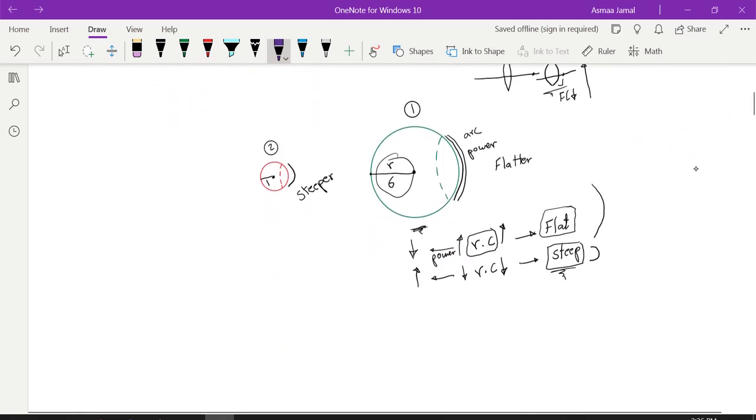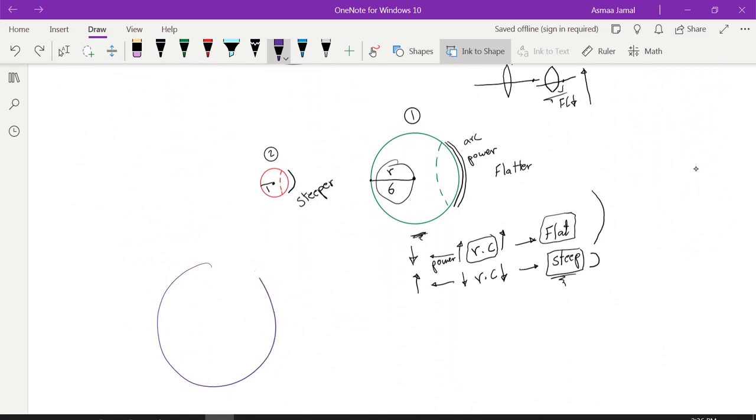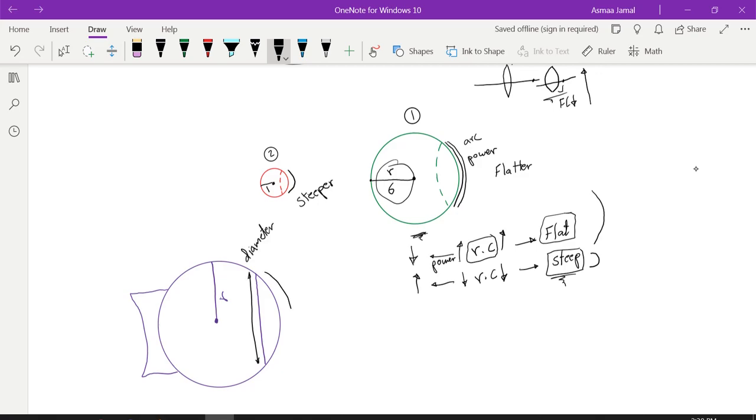Back to our circle here. Let's draw a new one. Here is our convex lens. From here we can take the concave lens. So this one is the radius of curvature, and this one here is the lens diameter, and this is the arc of the lens. The diameter of the concave lens will be this one.